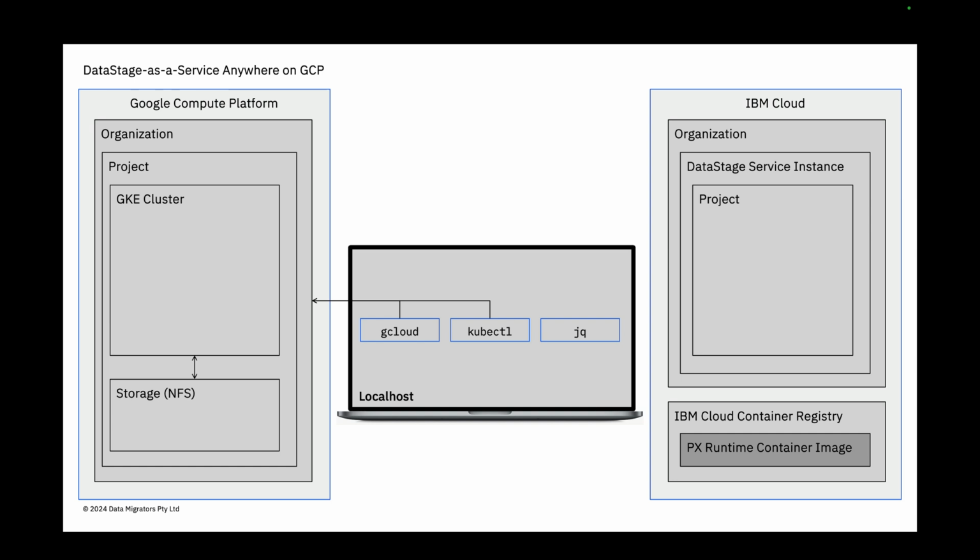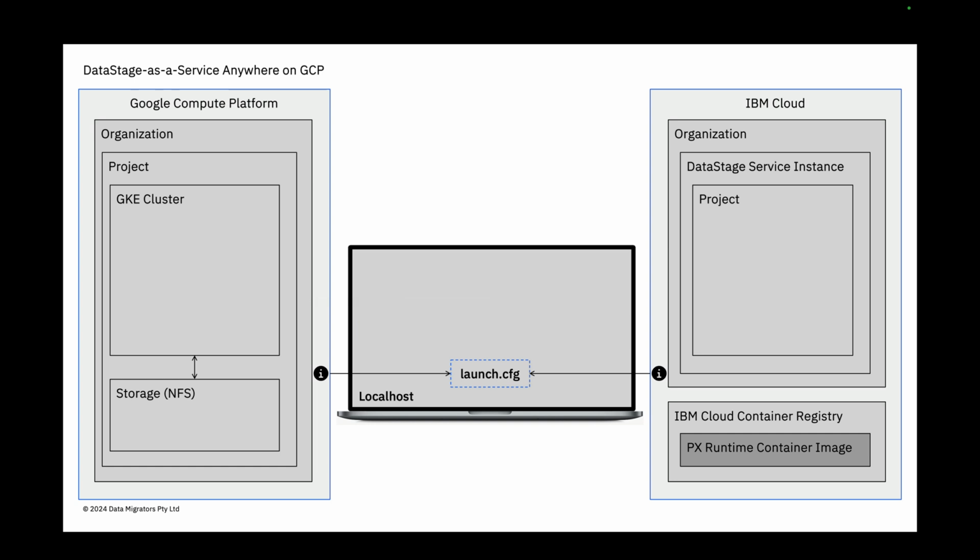On the Google side of the equation, I will have a Google organization, within there a project, and then within there's going to be a cluster, which is connected to some storage, and I'm going to be using NFS storage today. As I'm configuring some of these elements on each of my platforms manually using the command line on my laptop, I'm going to be collecting various bits of information, and I'm going to store those in a file which I'm going to call launch.cfg.